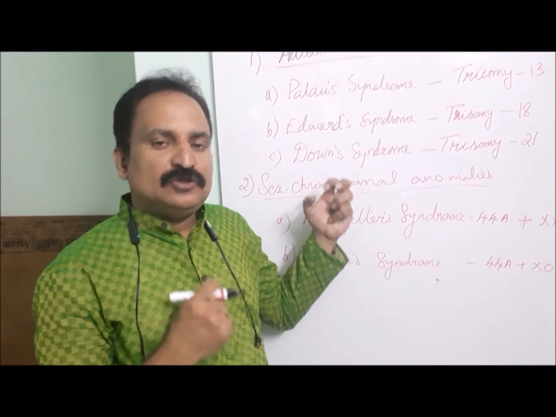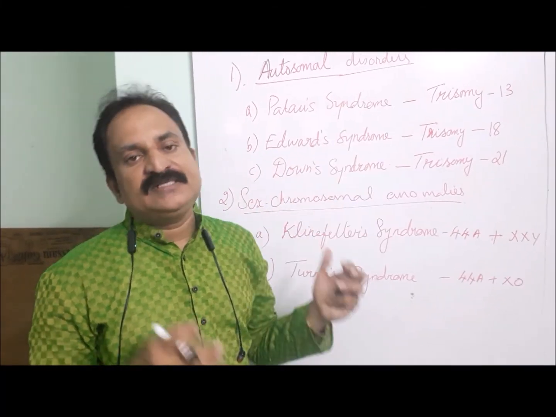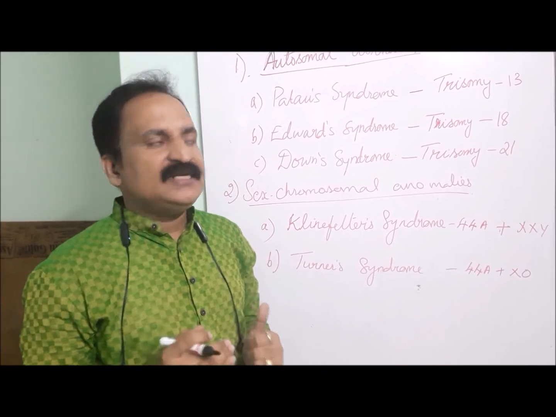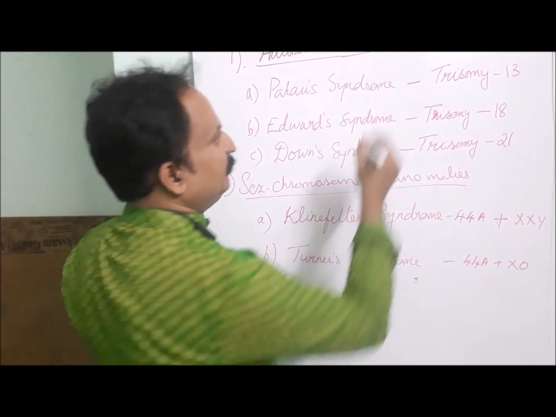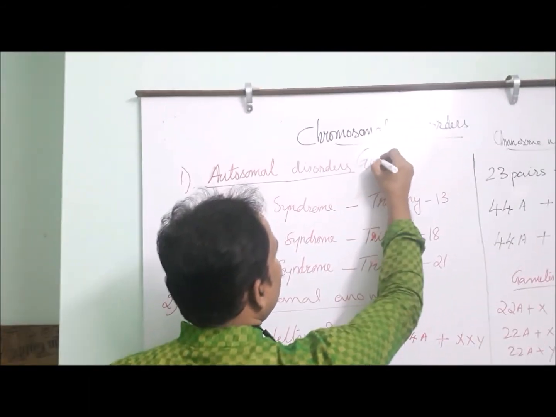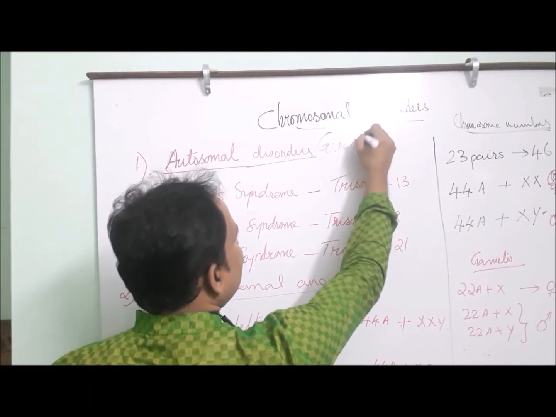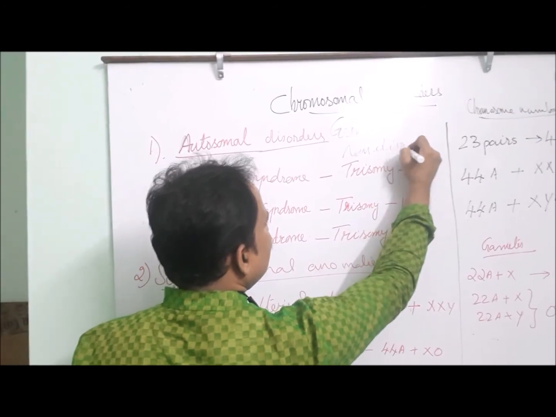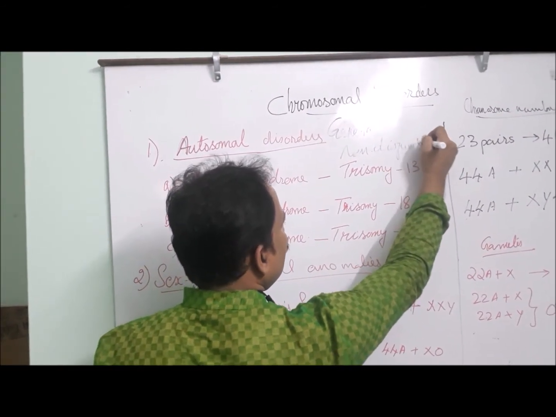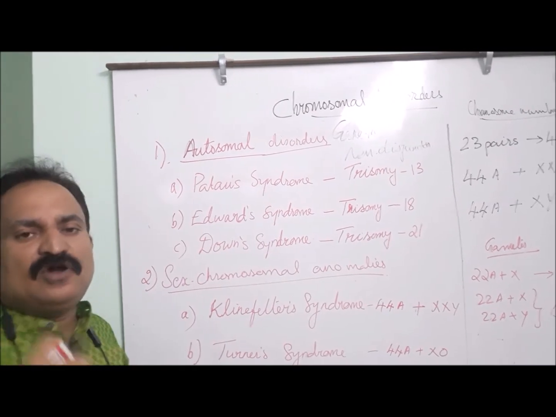So these chromosomal anomalies or disorders are taking place. The reason is called genetic non-disjunction, meaning non-separation of chromosomes.